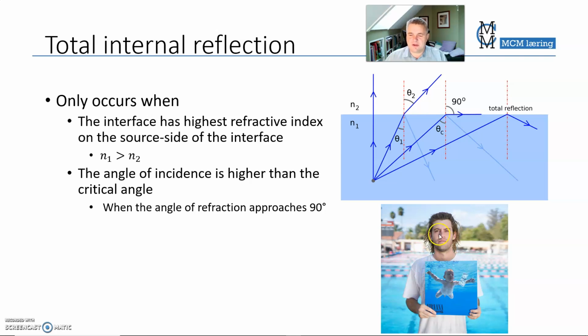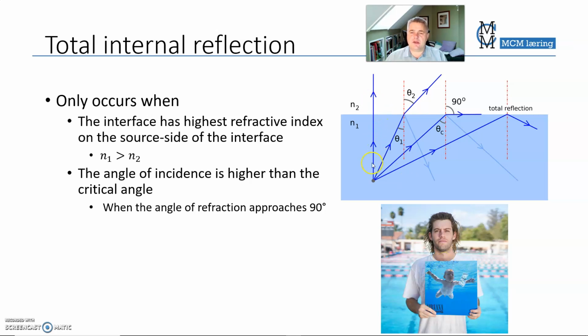This is actually the same guy a few years later, and you see the interface between air and down into the water, and you see that when you go at the higher angle here, you will always see something through the water-air interface. So this will not give total internal reflection, while you will get it here in the interface between water and air.